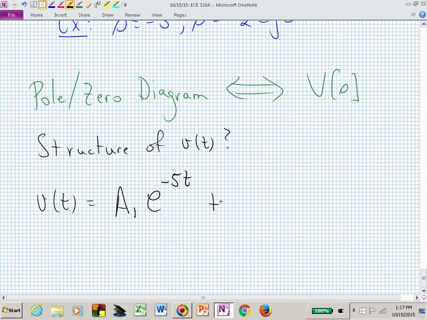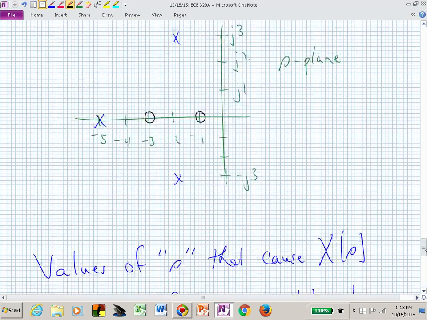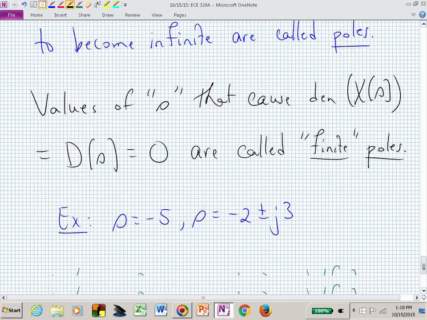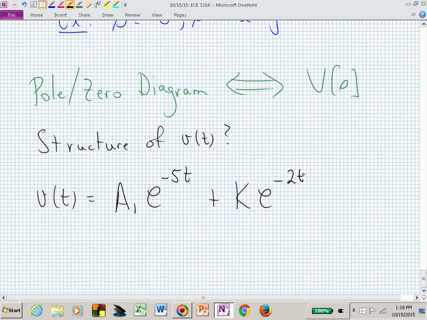Then we could write it as k e to the minus... and there's many different ways you could write it. You could say, okay, let me call this a k1, e to the minus 2t cosine of 3t plus a k sub 2 e to the minus 2t sine of 3t.